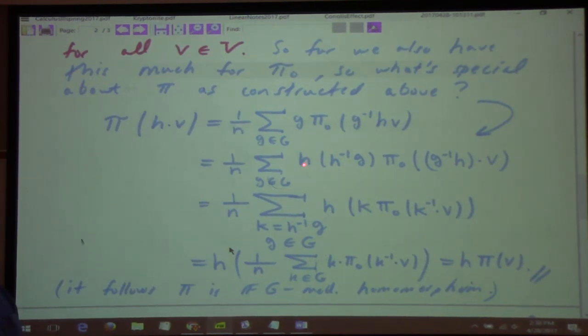Depending on where you put the dot, we might be using the fact that the group identity dot x is equal to x again for everything in V. That's part of the definition of the group action. The identity group element has to act as the identity on the vector space as well. I don't know if I actually need that for this step. Maybe not. We could just trade out the G for H inverse G.